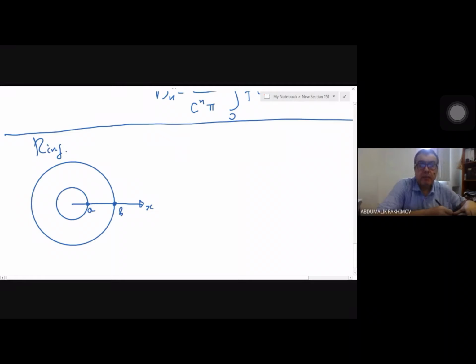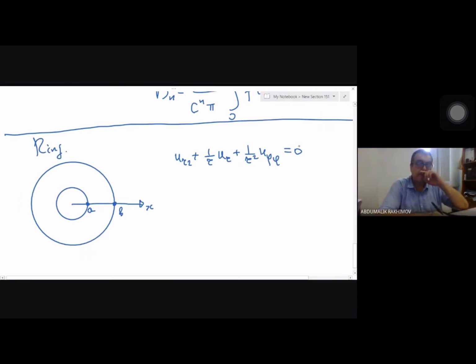What will be the formulation of the problem? The ring is still like a circle, two circles. That's why the equation will be in polar system: U_rr plus 1 over r U_r plus 1 over r squared U_phi phi equals 0.